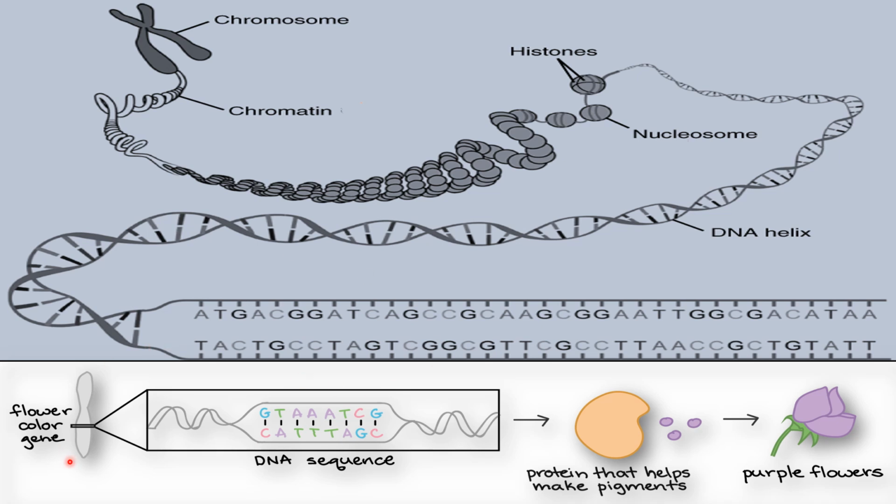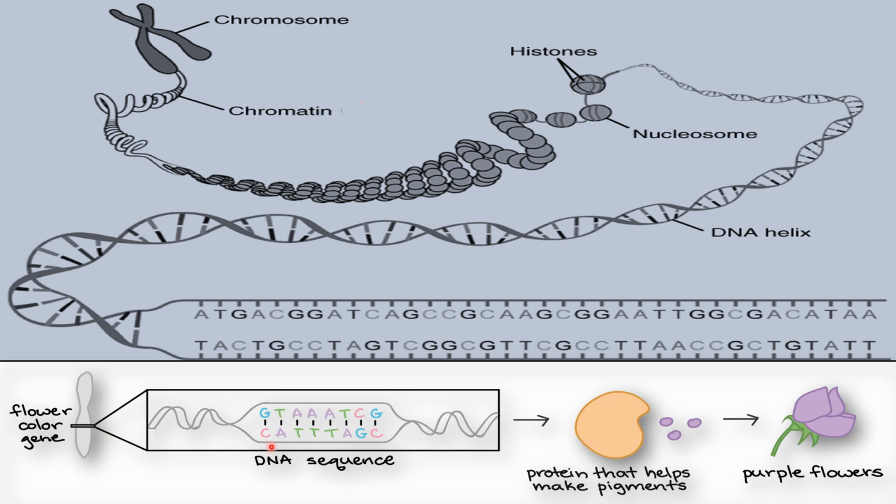Here, see that it is a flower color gene which is located just here on a chromosome. Then see in a magnified view that this sequence codes for a protein that helps make pigments. This protein makes a purple flower color.